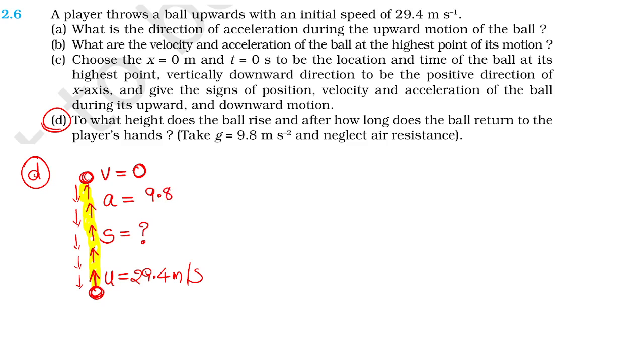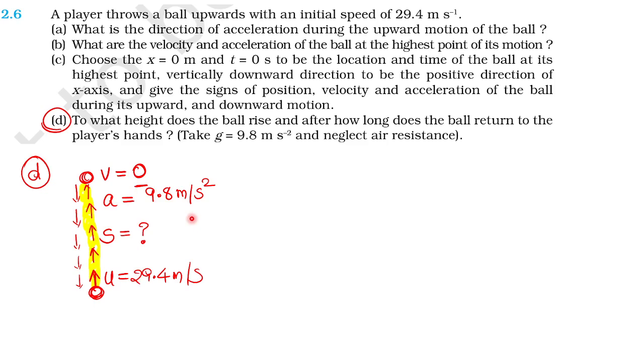Please memorize that. Here it should be negative, because the velocity is decreasing. Initially 29.4, gradually the speed decreases, ultimately becoming 0. So there is a decrease in velocity, hence acceleration is negative.